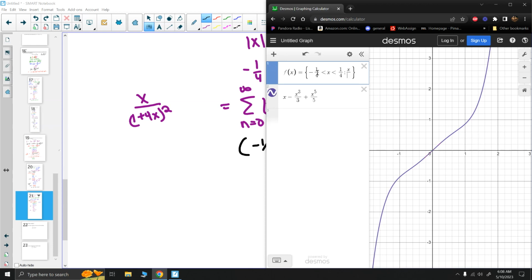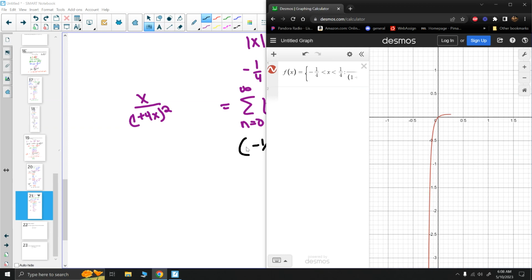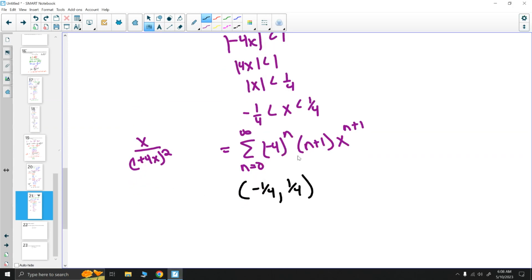Okay, so we have x over 1 plus 4x squared. All right, so this is what we're trying to mimic here with our series. Let's go ahead and think what our first couple terms are. When n is 0, this is a 1, x. So it's just x. Minus, when n is 1, we would have a -4 times 2 times x squared.